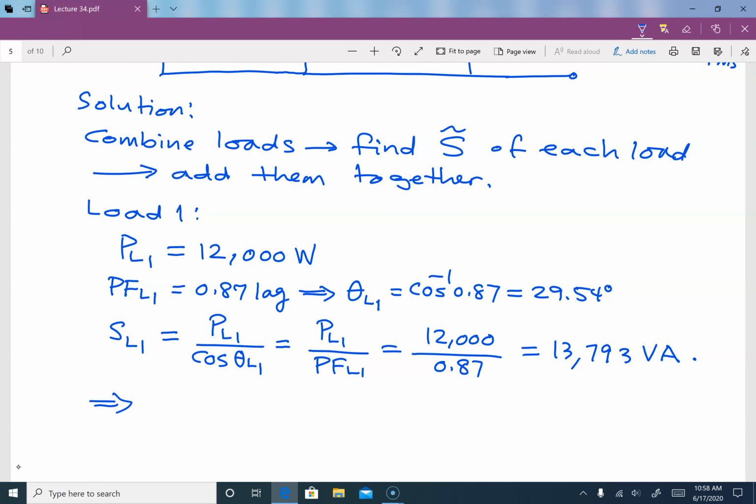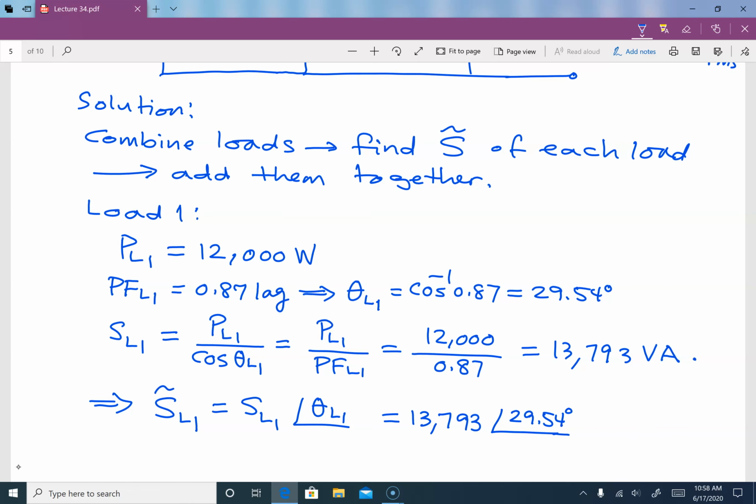So now to get our complex power of load 1, that is equal to the S of load 1 with angle of theta load 1. And this is equal to 13,793 with an angle of 29.54.